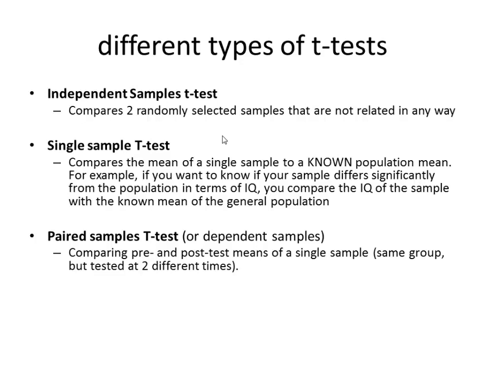And then the paired samples t-test, or dependent samples t-test, is when you are comparing the pre- and post-test means of the same group. It's like we're thinking about them as two different groups, but really they're the same group. But we could use a t-test to evaluate whether their scores were significantly different post-intervention.